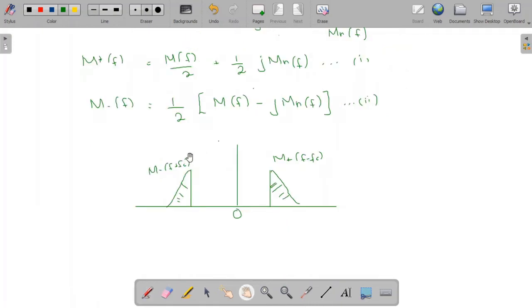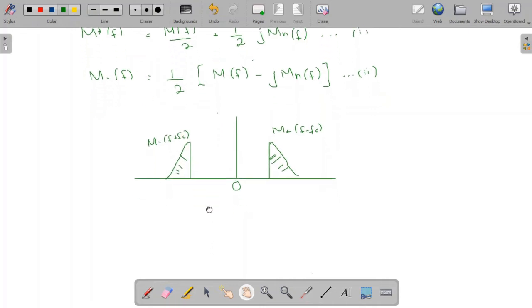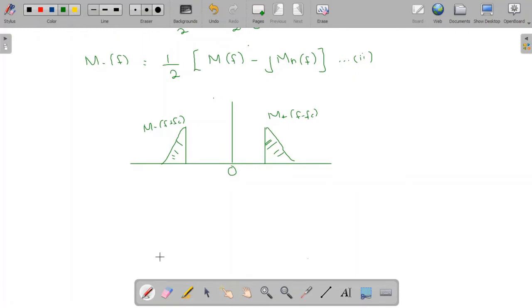Now the single side band SSB can be plotted as such. To write an equation for this graph, I am going to only consider the upper side band. The upper side band will be equal to the sum of these two terms, m plus f minus fc plus m minus f plus fc.